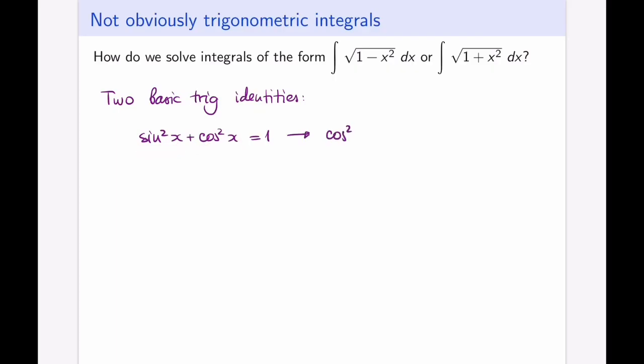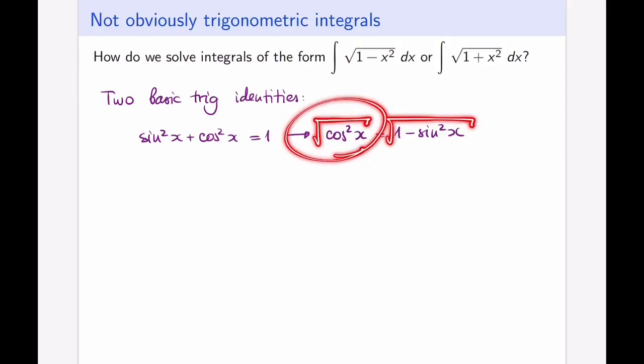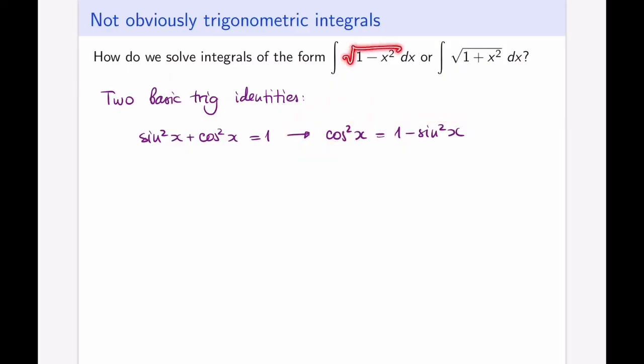Let's say here I can solve for cosine squared, and I will get 1 minus sine squared x. And this is kind of like the form of what we have under the square root here. The square root will in fact make it even simpler, because if I take the square root of both sides, I notice that on the left-hand side, I can cancel out the square root and the square to produce cosine alone.